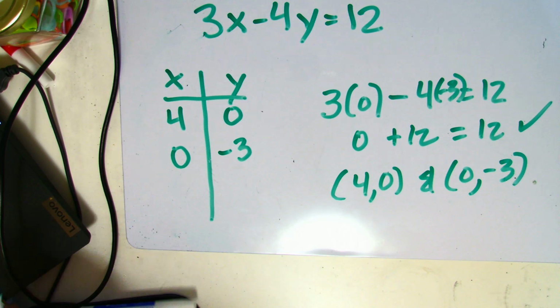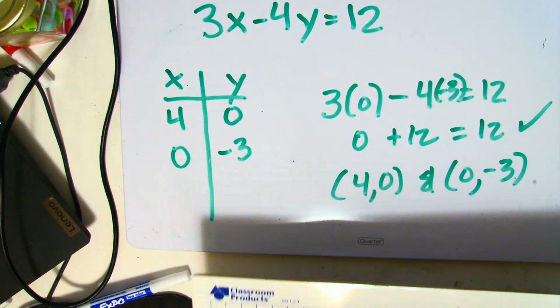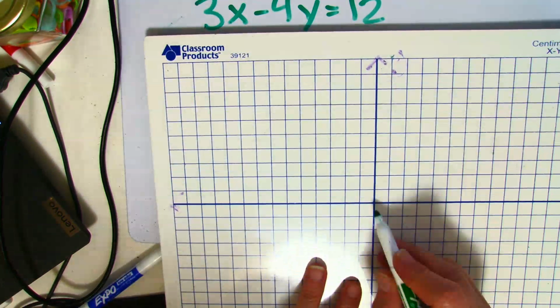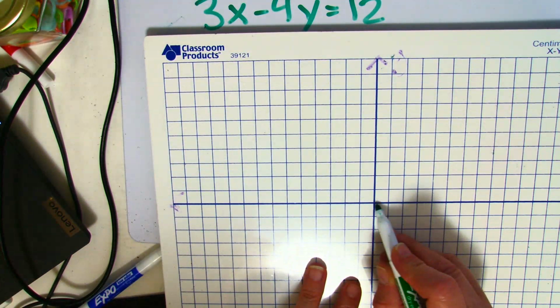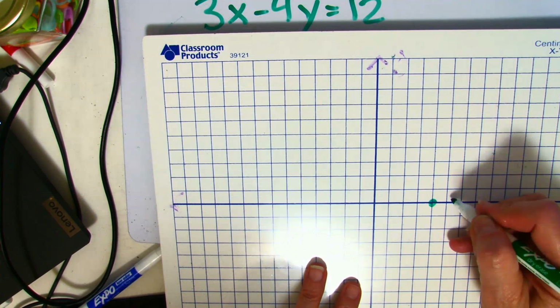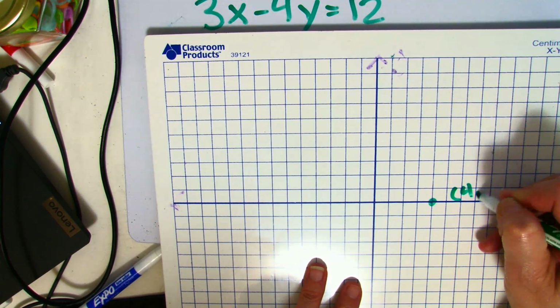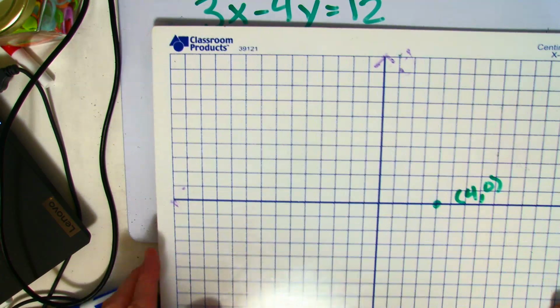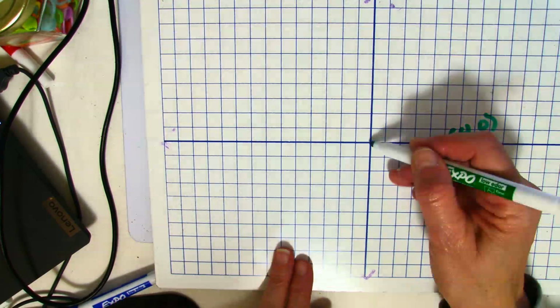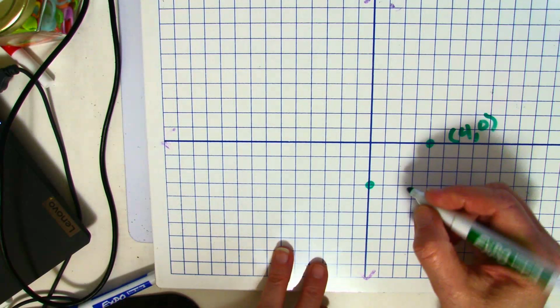Let's go ahead and plot these 2 points and create the line. (4, 0) is going to be on the x-axis. The second point will be on the y-axis, (0, negative 3).